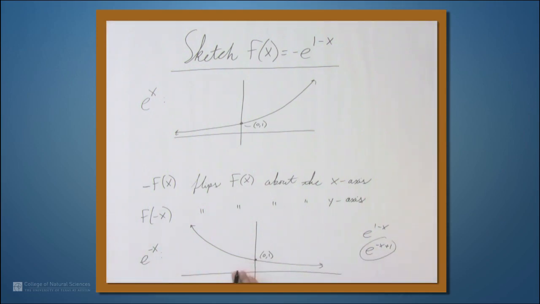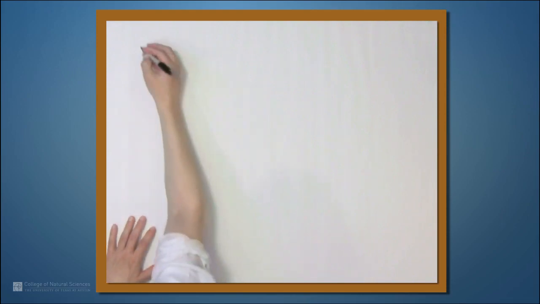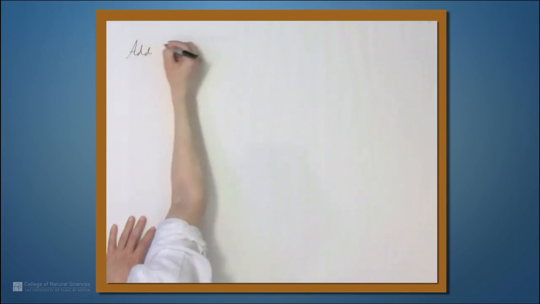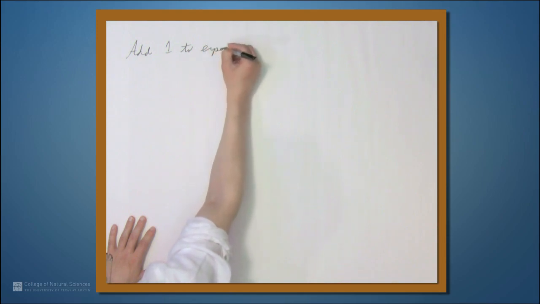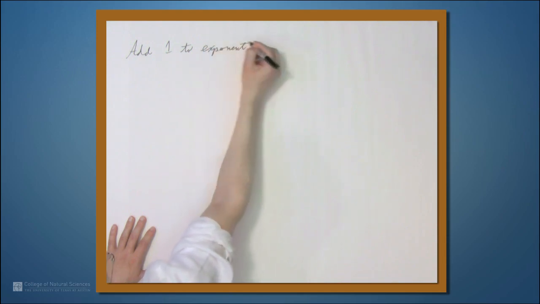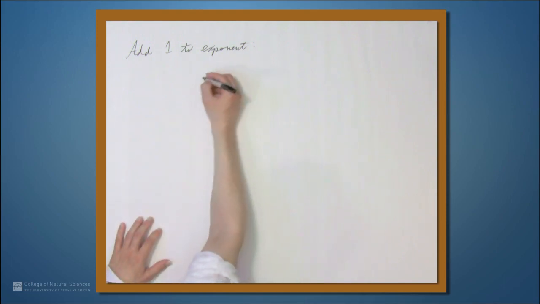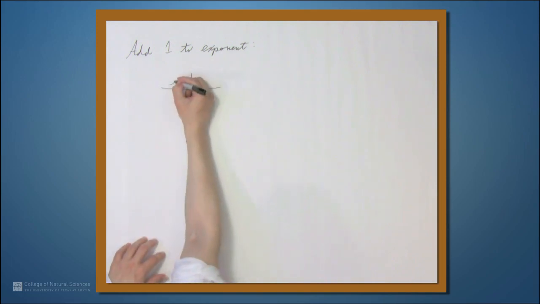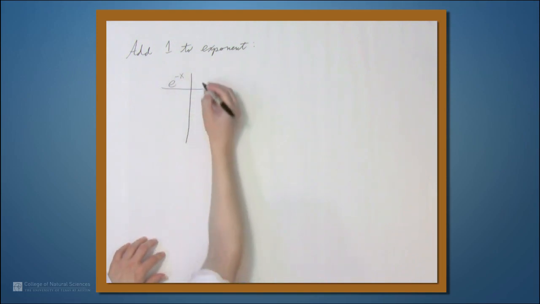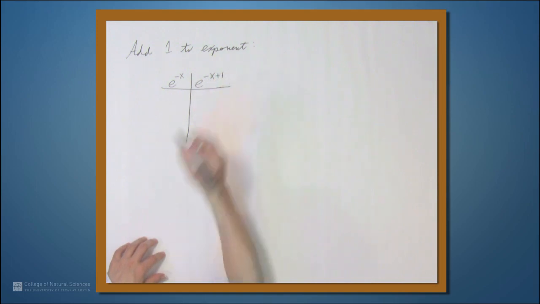So let's do that on a clean sheet of paper. So we want to add 1 to the exponent. All right, let's make a little table. So we have e to the negative x and e to the negative x plus 1.